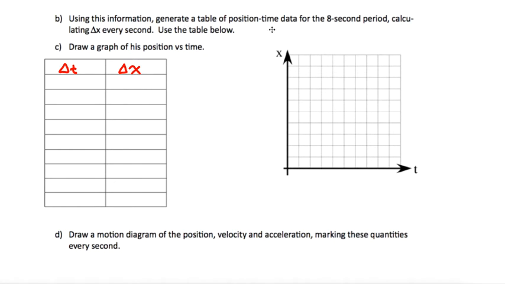And it wants us to do this for the 8 seconds. So we'll start with a time of 0, and every second up until 8, we'll find the position that this is at.